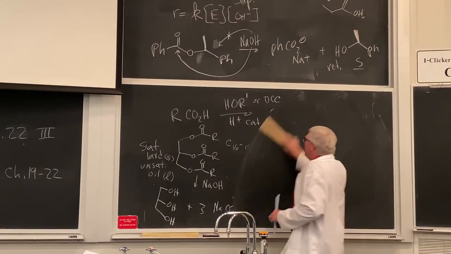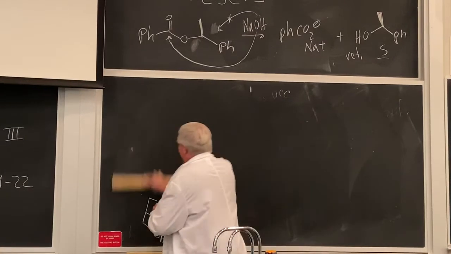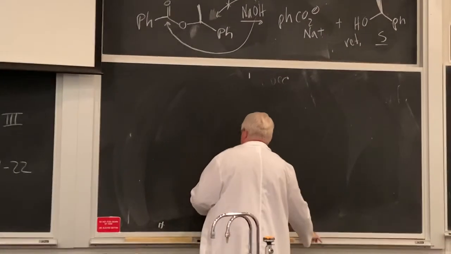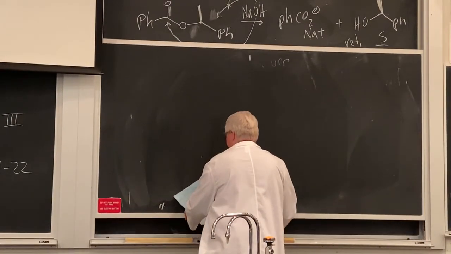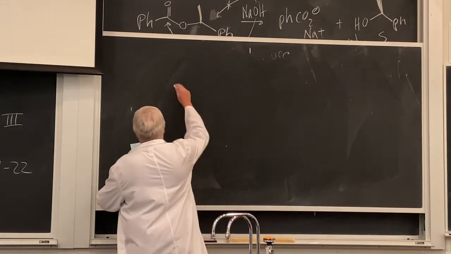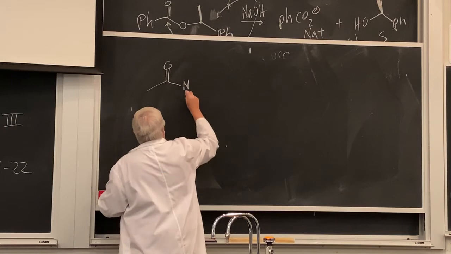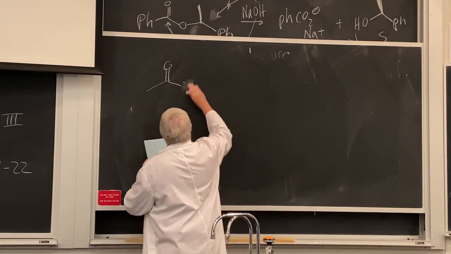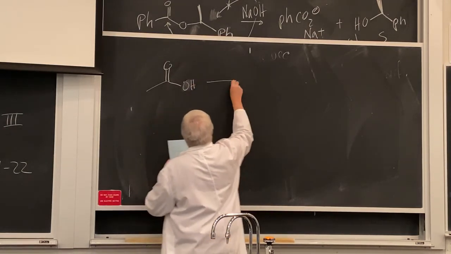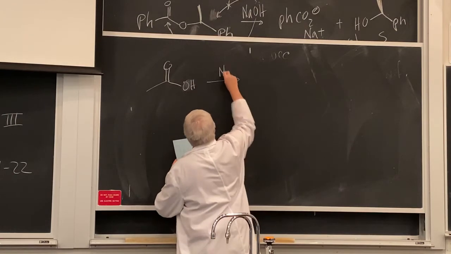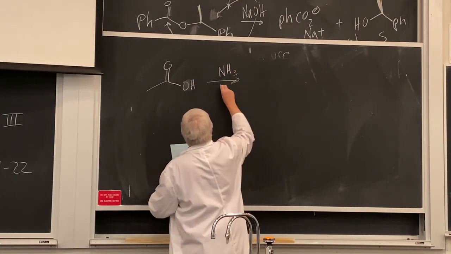Let's talk about amides. So yeah, we talked a lot about esters. Sorry about that, but amides now are very important. And amides, a couple different ways we can form them. Carboxylic acid and an amine. Now, depends on how you do this.